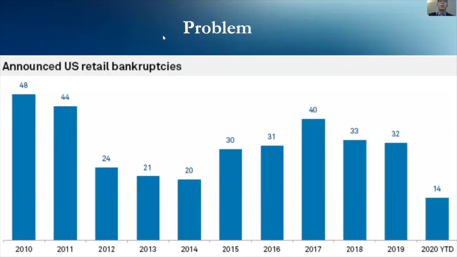Now here's the problem. We have seen a lot of retail stores file for bankruptcy in the United States. There is a total number of companies that have already filed for bankruptcy, and this is not just a number, you have to think about the stores that have already closed.